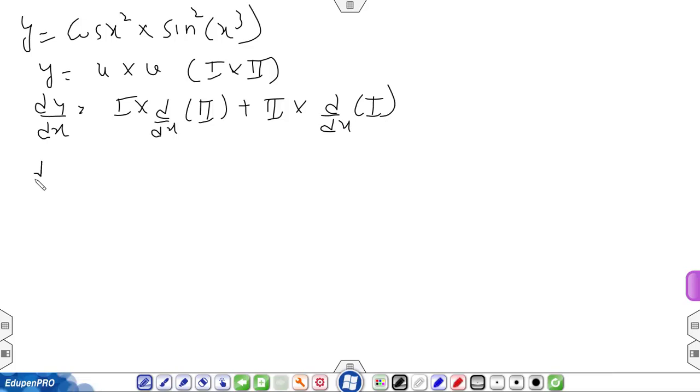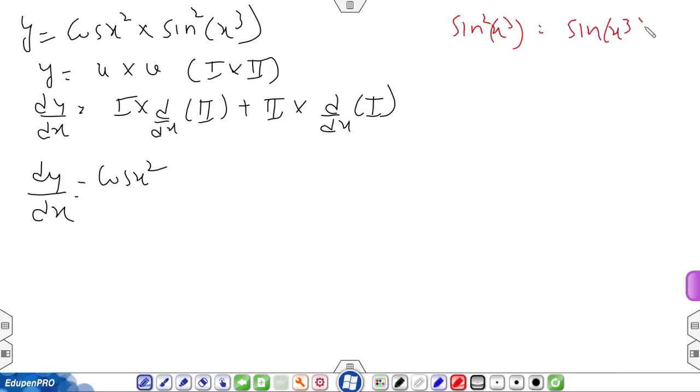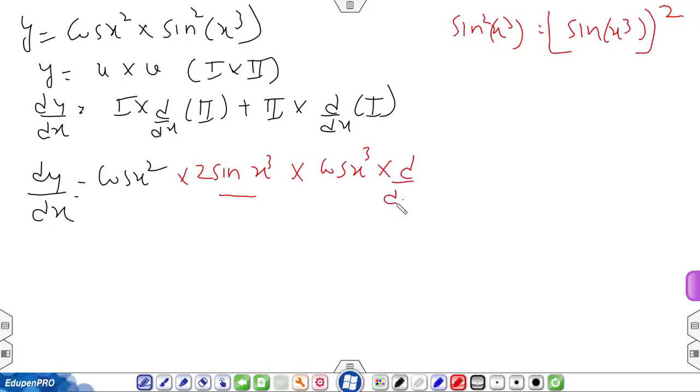The same I will apply here. dy by dx equals cos x square. Remember one thing, we can write sin square x cube as sin x cube raised to power 2, and you can apply rule 1. The derivative of this is 2 sin x cube, the derivative of sin x is cos x, into the derivative of the bracket, that is x cube.